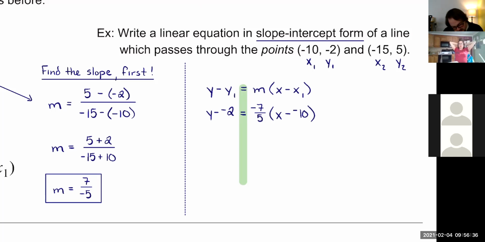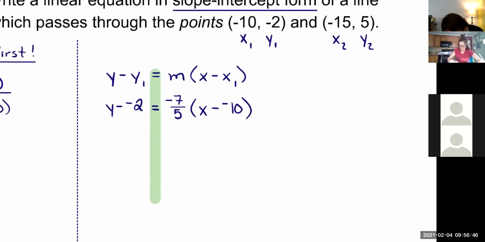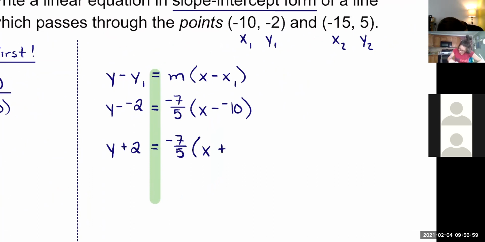Again, another double negative. I'm going to take an extra line of work here. I'm going to clean that up before I go moving things about. So I'm going to zoom in here real quick. What this will look like is y plus 2 equals -7/5, then in parentheses, x plus 10.